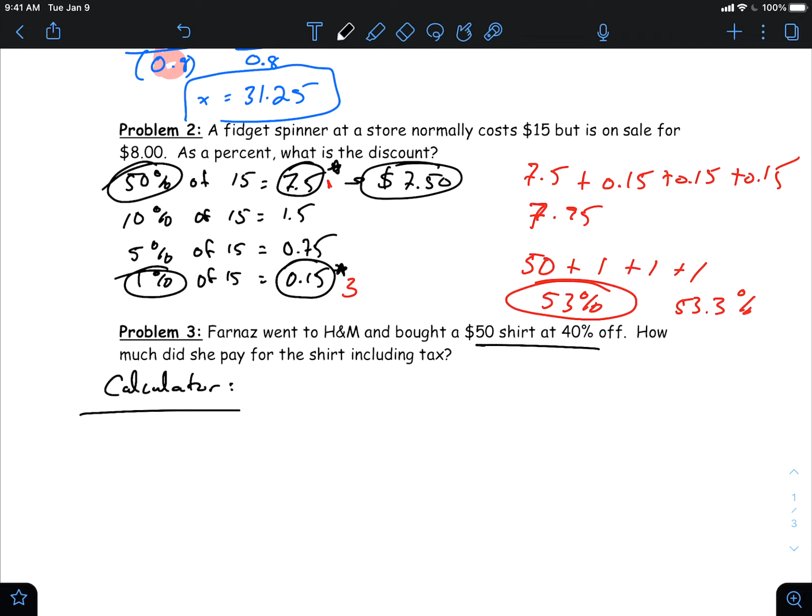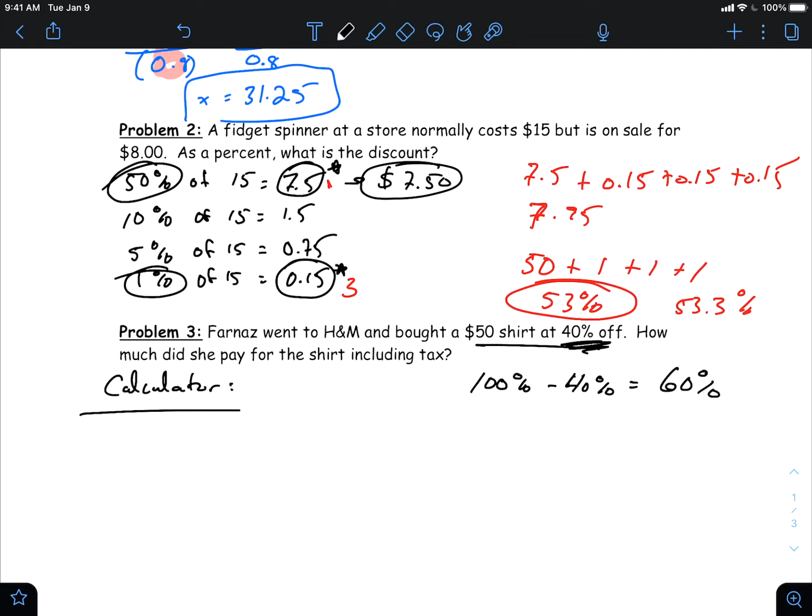To figure out the actual dollar amount, if something is 40% off, what percentage are you going to actually pay of the original price? If you're going to pay 100% originally, and then the thing goes 40% off, what's the percentage that you're actually going to pay?